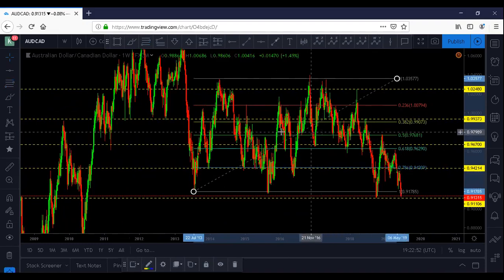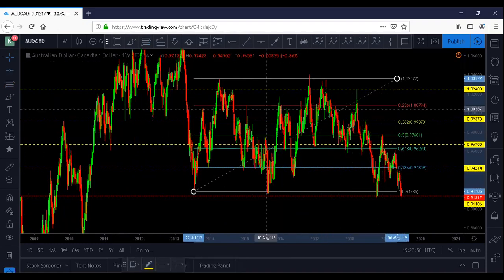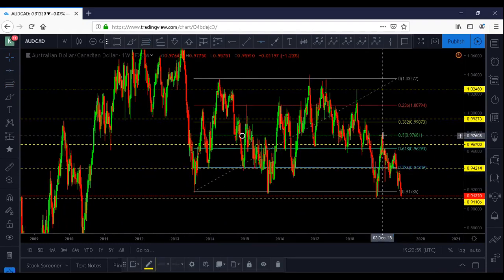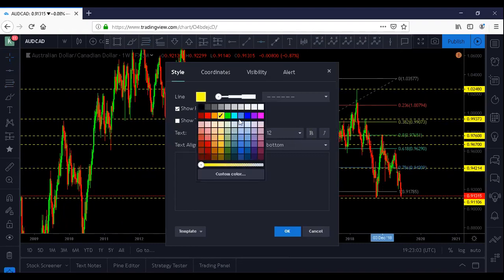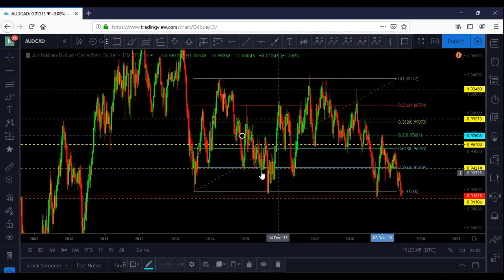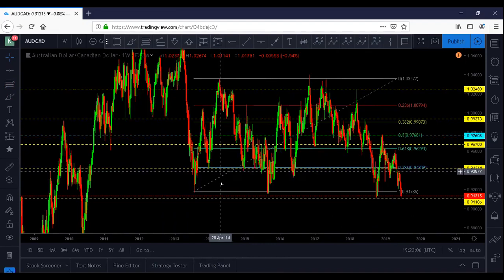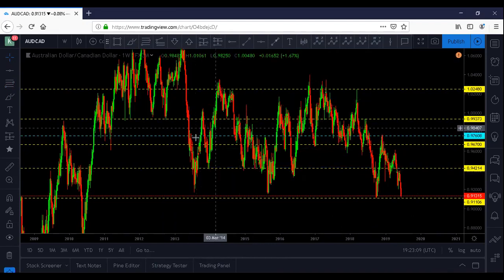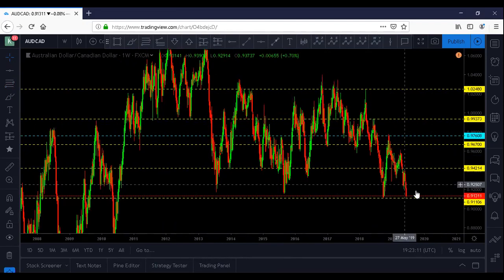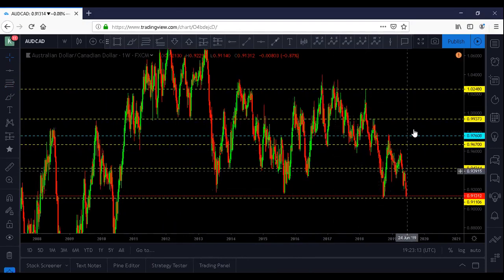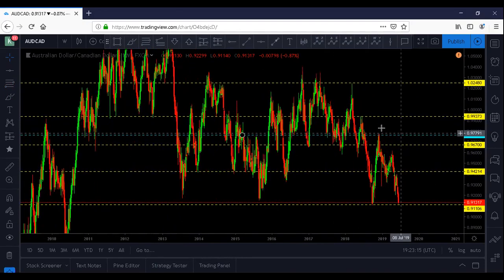This 61.8 too. At least it is giving me an accurate 50%. Let me change the color, maybe to blue. You see the 50% was accurate, but the higher levels were slightly shifted.